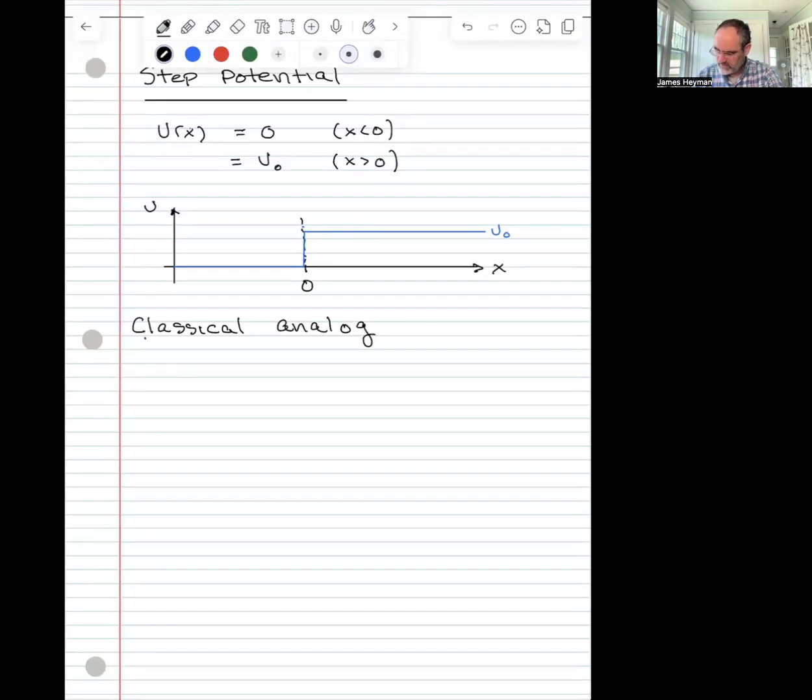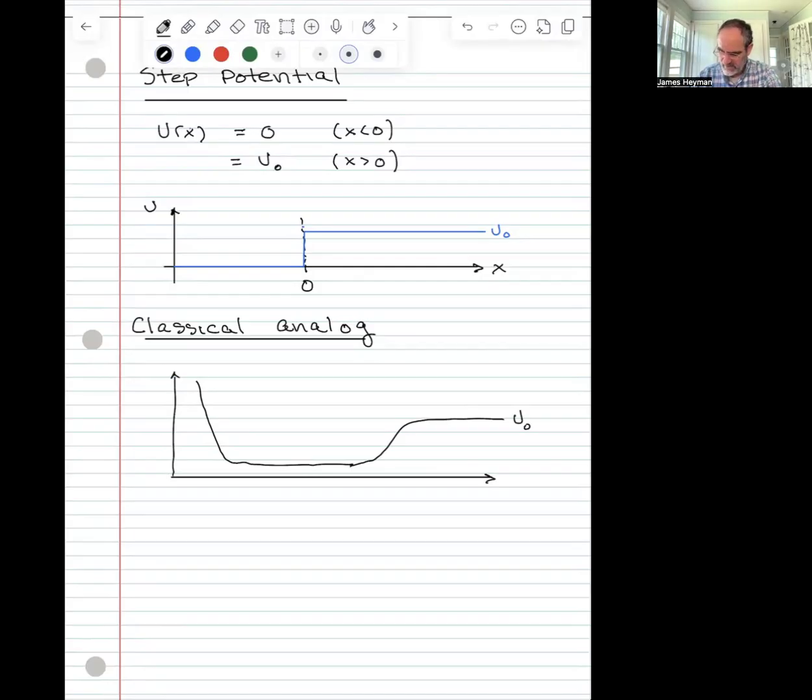And as we do this, it's really helpful to think about a classical analog of this. Let's imagine a situation where we have a ramp that goes steeply down and then has some sort of ramp up, which will represent our potential step.